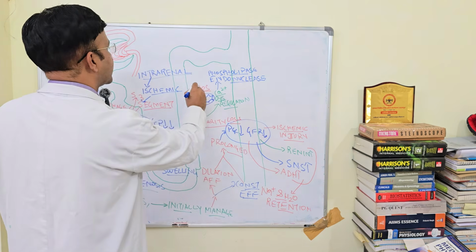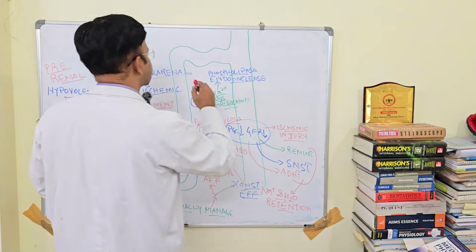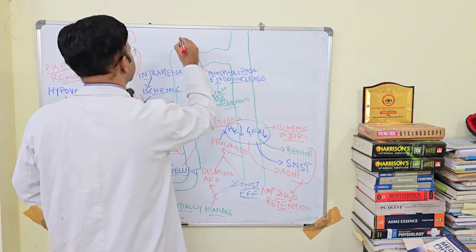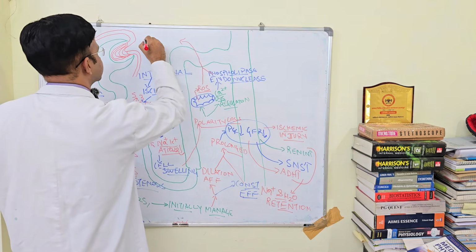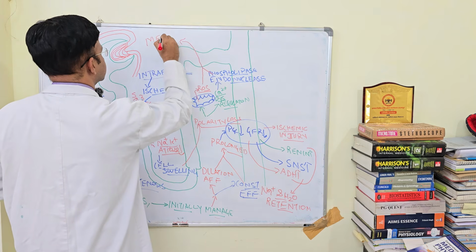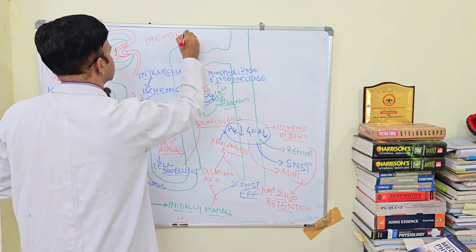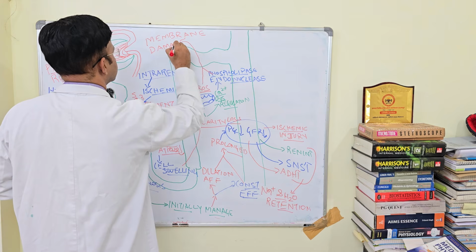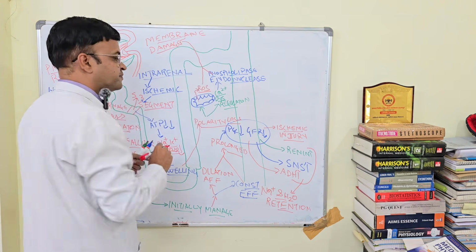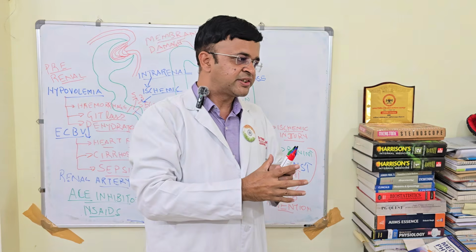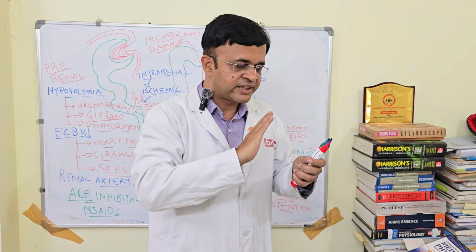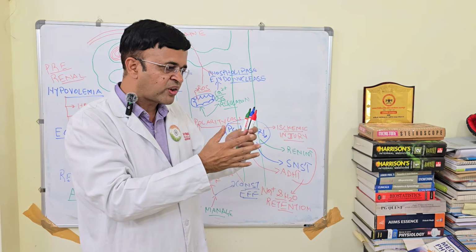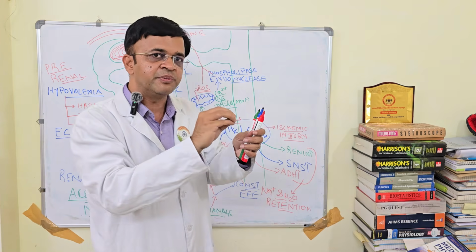Now these reactive oxygen species, phospholipase and endonuclease, will combine and do one thing called membrane damage. The membranes will get damaged, and this membrane will slough out and go and block the tubules.